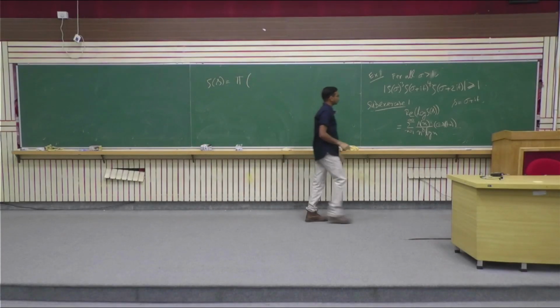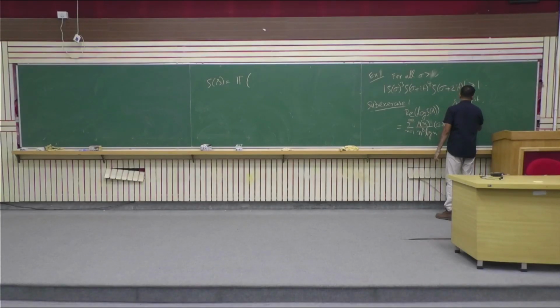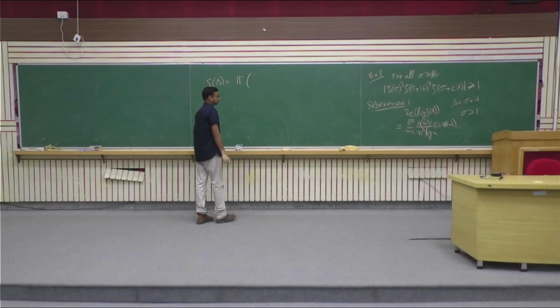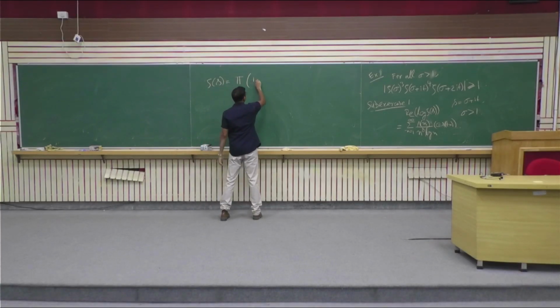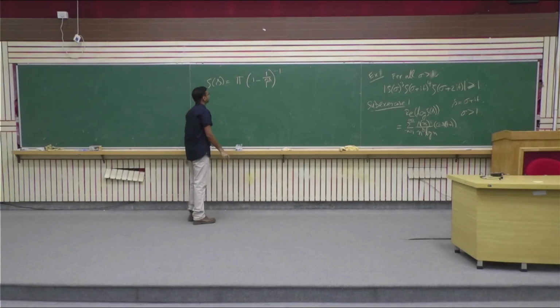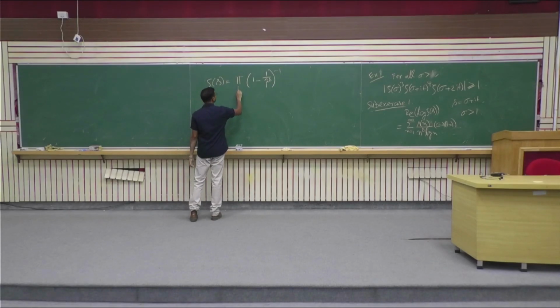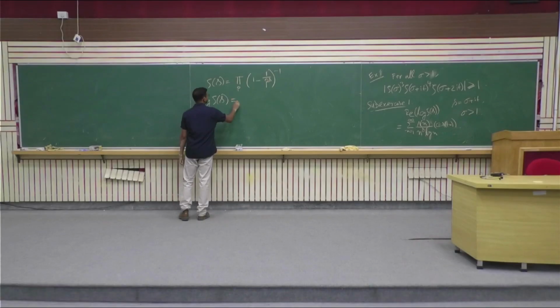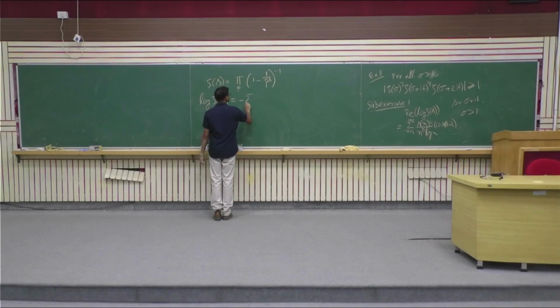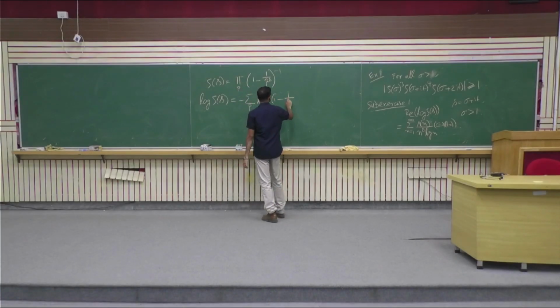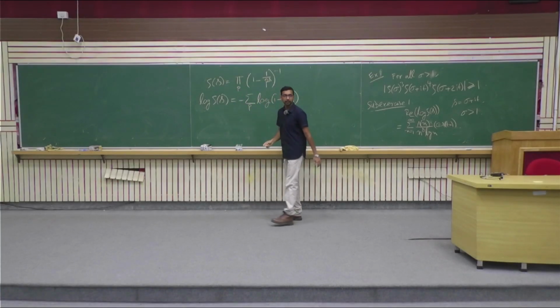Of course, here sigma is greater than 1, because we have the Euler decomposition wherever the function converges absolutely. Then if you take log zeta s, this is just minus sum over p of log of 1 minus 1 by p power s.